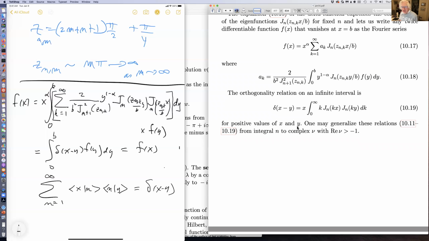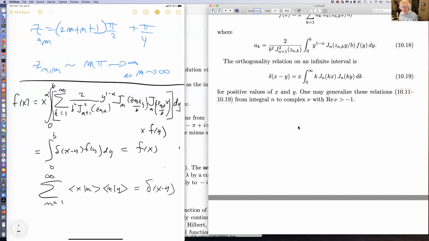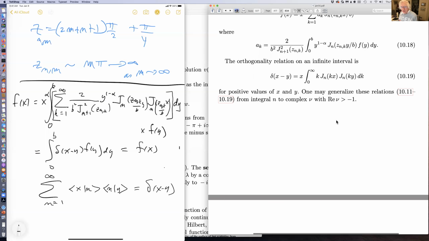And here we have positive values of x and y. And we can generalize these relations from integer n to complex nu with real nu greater than -1.